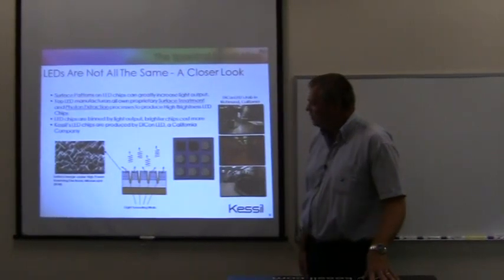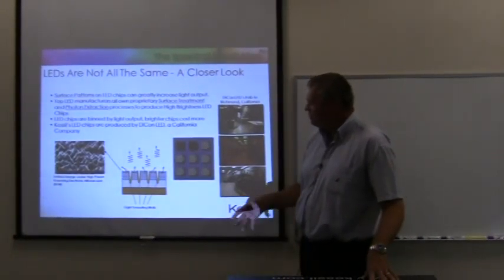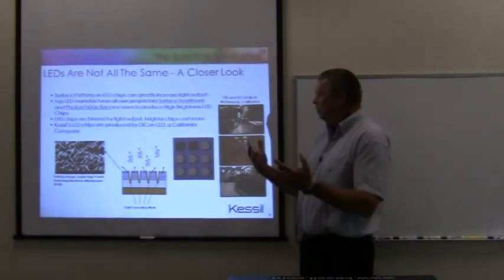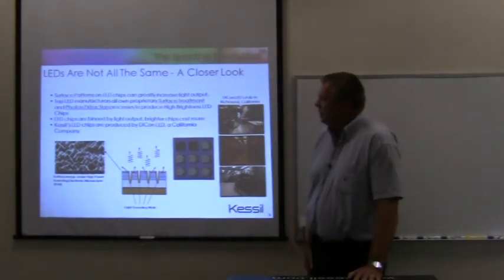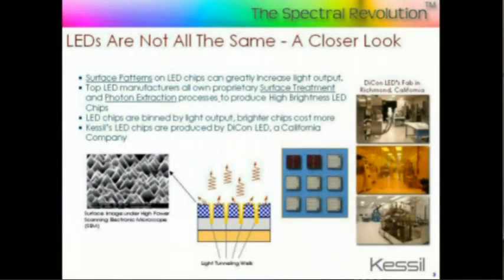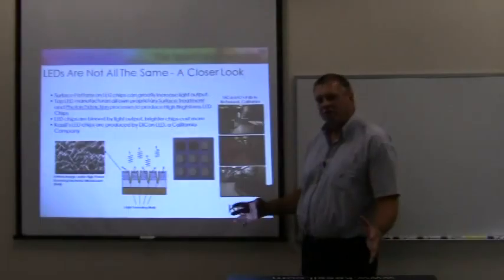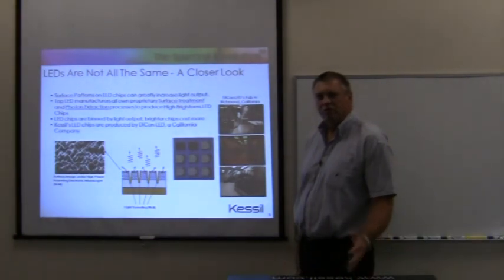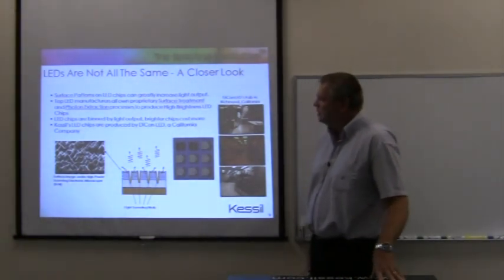And more specifically, make sure that the light that is emitted from the surface of the LED chip is emitted in a more vertical direction. Top LED manufacturers all have highly proprietary surface treatment and photon extraction processes and the little tricks that they all play to produce high brightness LED chips, and that same thing is true for DiCon LED.